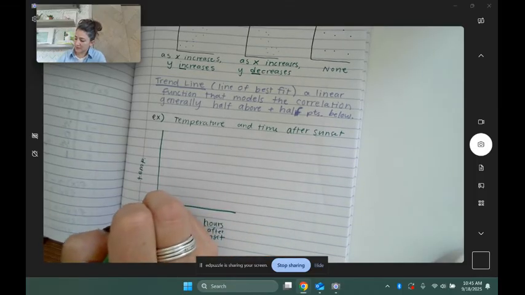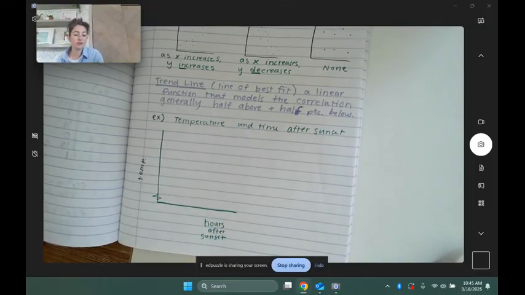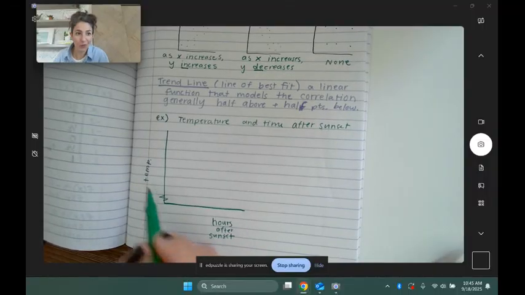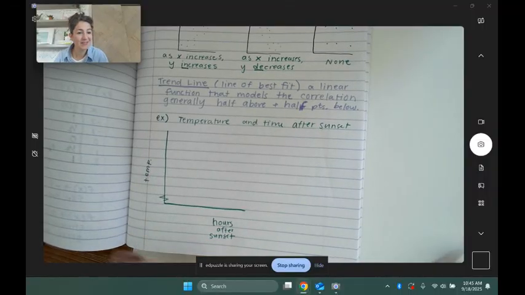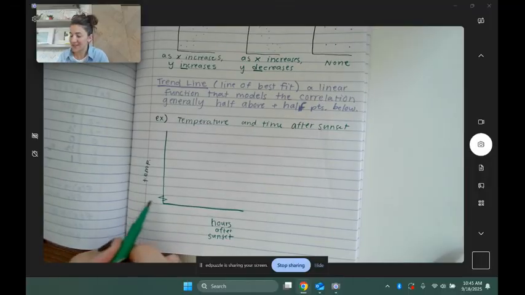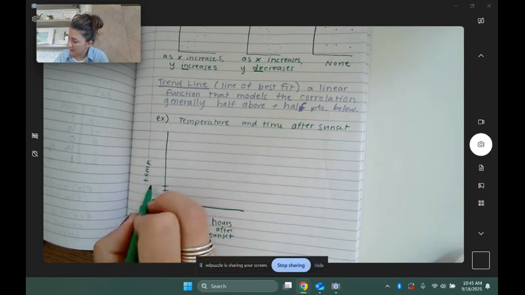They give this little wiggle, which just means skip a few. I'm not going to start at 0 and count all the way up to 72 when there are no points between 0 and 60. That would be a wasted graph. So this little zigzag means skip a few. I'm going to start here at 60.